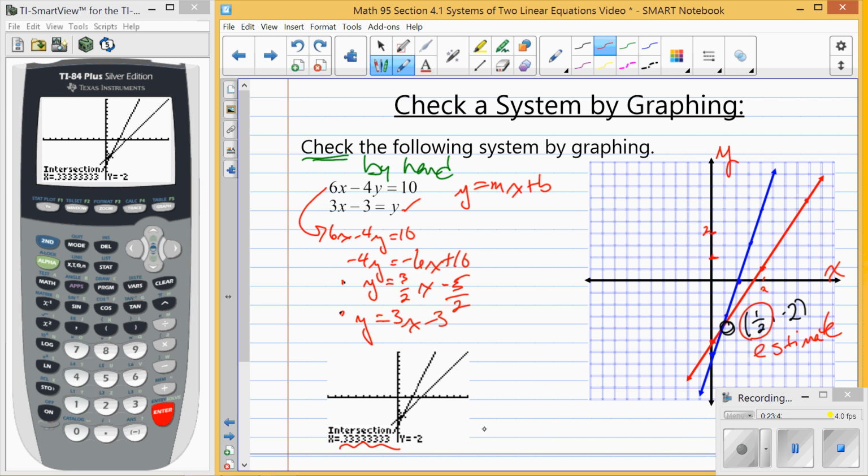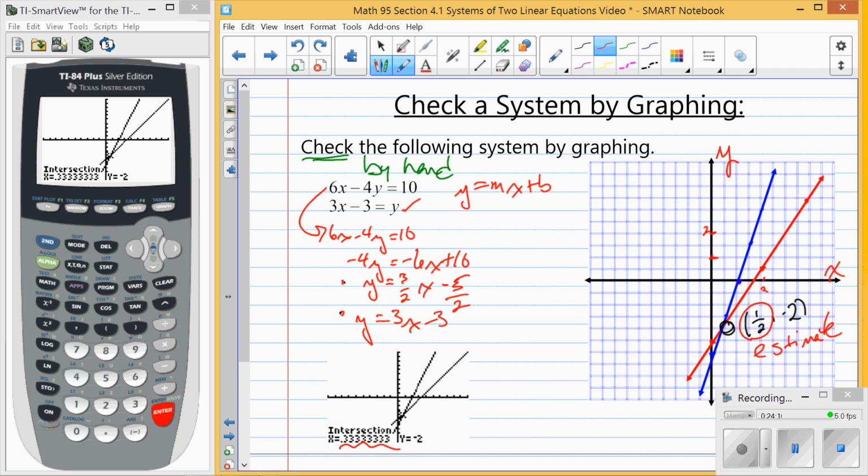Now, if I knew the solution to begin with, and I graphed this, I would recognize, okay, by hand, an intersection being between 1/2 and 1/3 would be very, very hard to notice. So don't panic if I ask you to check by graphing, and your graph, especially by hand, is off a little bit from your solution. Your calculator should get pretty close, but by hand, don't panic, it's fine.